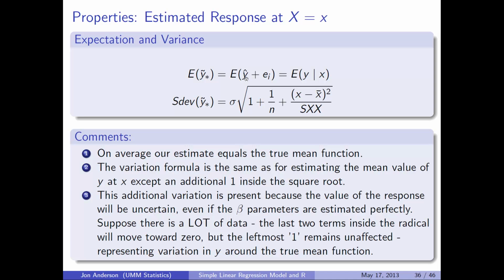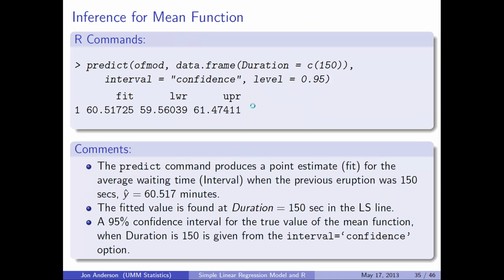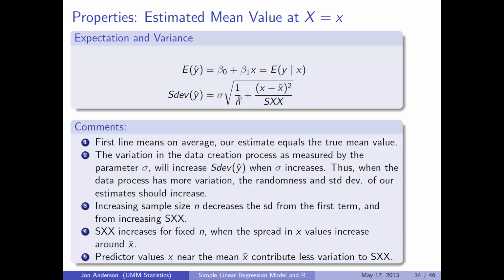But what we have to acknowledge is that since we're interested in an individual waiting time, there's individual observation variation above and below the mean function that we need to take into account. Even if we knew the mean function perfectly, an individual instance is going to have variation above or below that mean function. If you look at the standard error formula, you'll see that there's an extra 1 inside of it that is not present in the standard error formula for estimating the mean function.